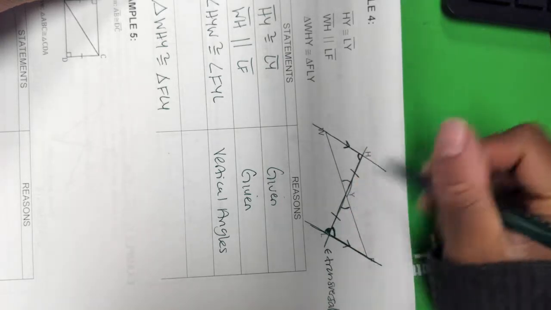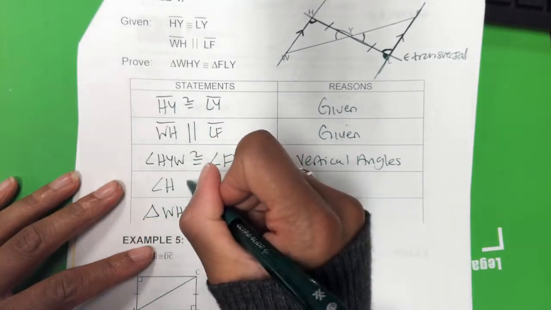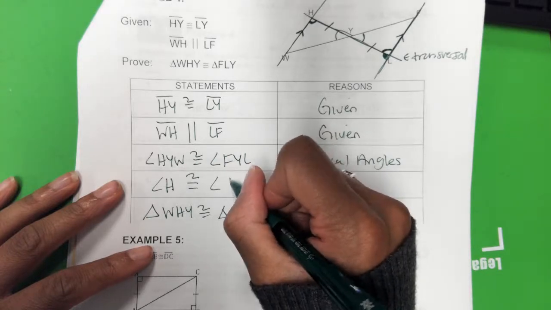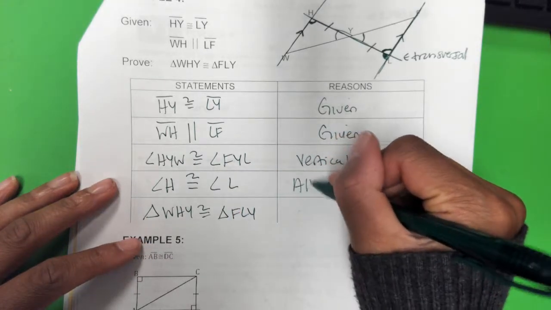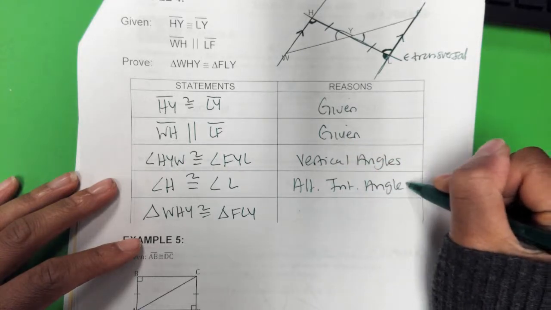So H and L are alternate interior angles. If they're alternate interior angles, they have to be congruent. So angle H is congruent to angle L because of alternate interior angles, and I did abbreviate.